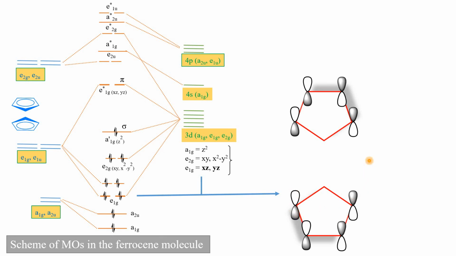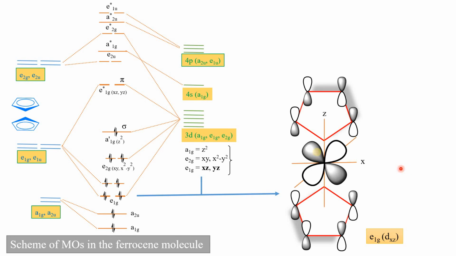Now we need a d orbital which has matching symmetry, and this symmetry matches well with the dxz orbital. How? If you look at this, there is a shaded area below and a shaded area above. Diagonally there is a shaded area. Here shaded area below, non-shaded area below and non-shaded area above.